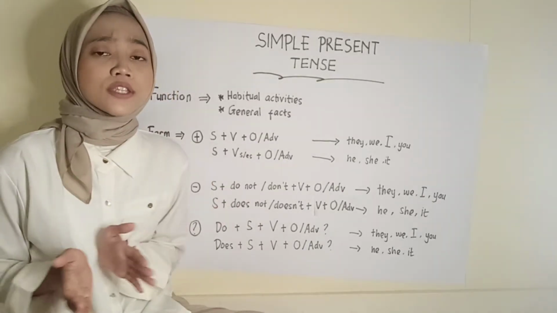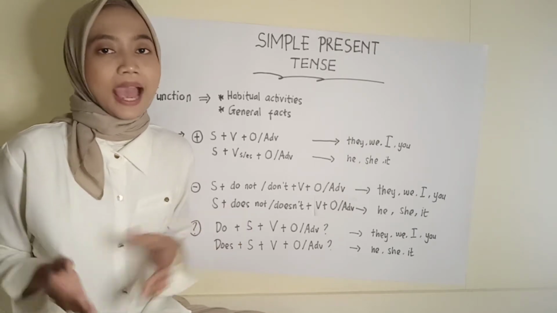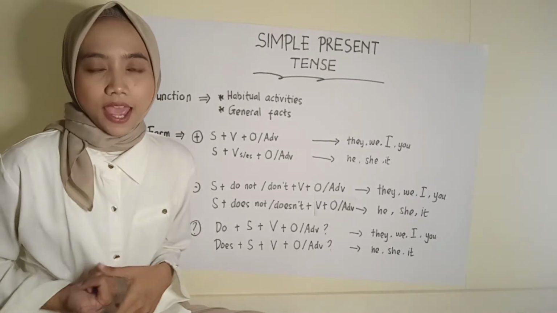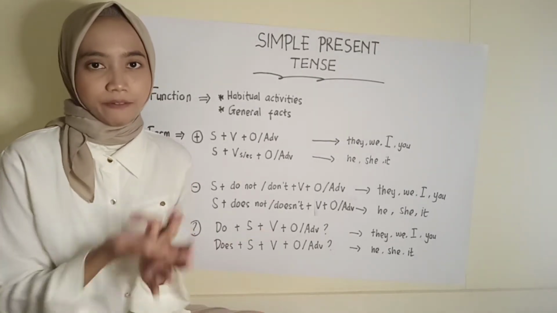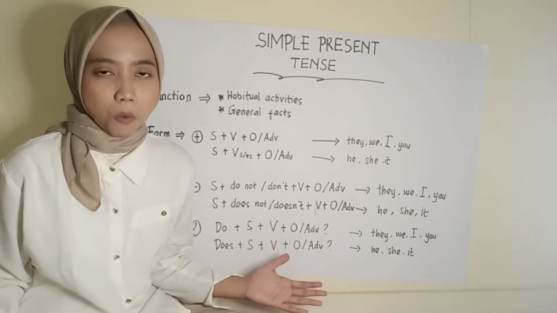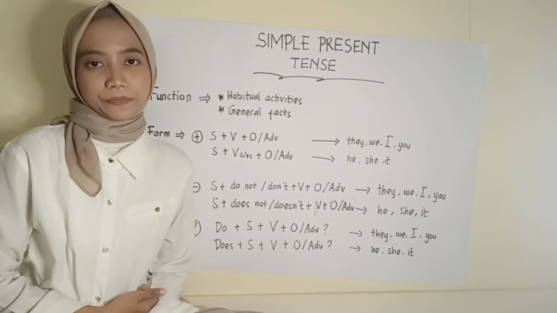When we want to tell someone about something that frequently happens, for example, like every day, every night, every morning, every week, every month, every year, and so on, we use simple present tense.